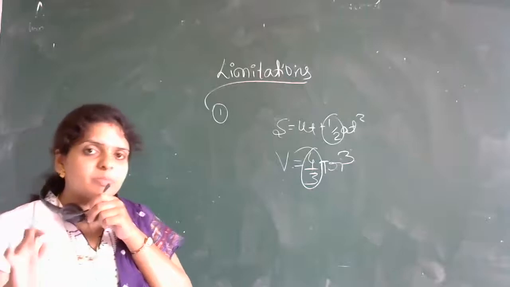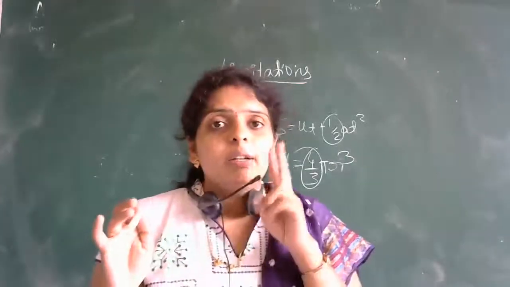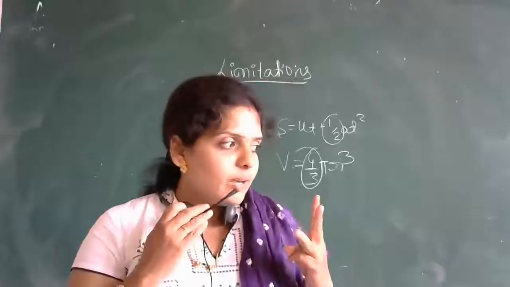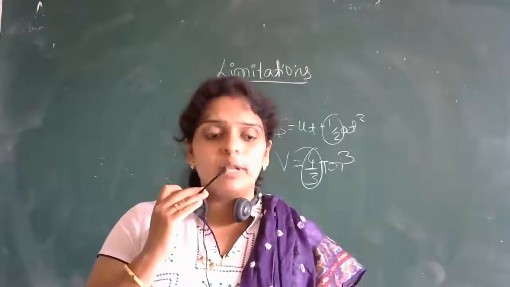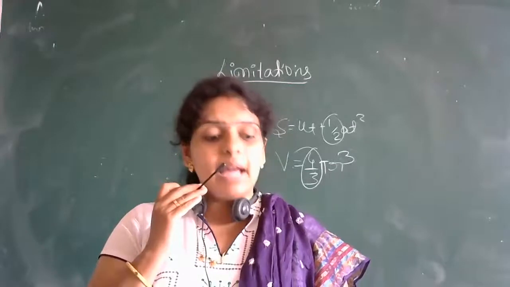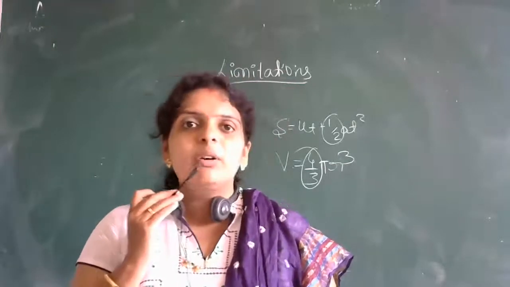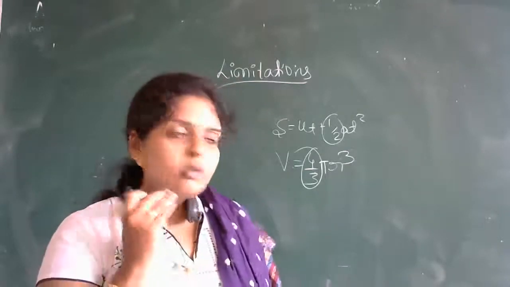First one, it is applicable only for product and division. Second one, you cannot calculate the dimensions of a numerical constant. Third one, that is there are some physical quantities which have same dimension formula. So these are the three limitations of your dimension analysis.